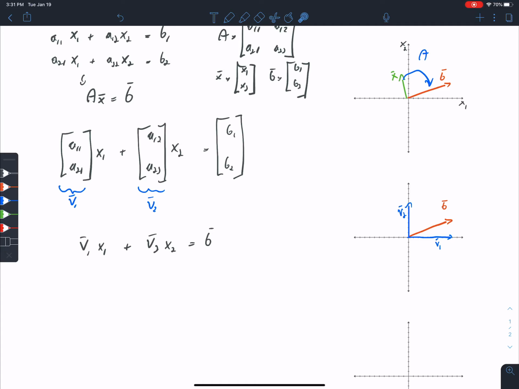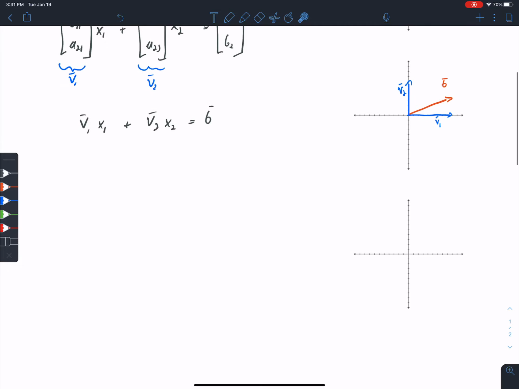For example, if v2 here was drawn on this axis instead, then there would be no y component to make up for the y component of b, and you could not have a solution to that linear system. That's another way to say that the lines corresponding to these equations are parallel.